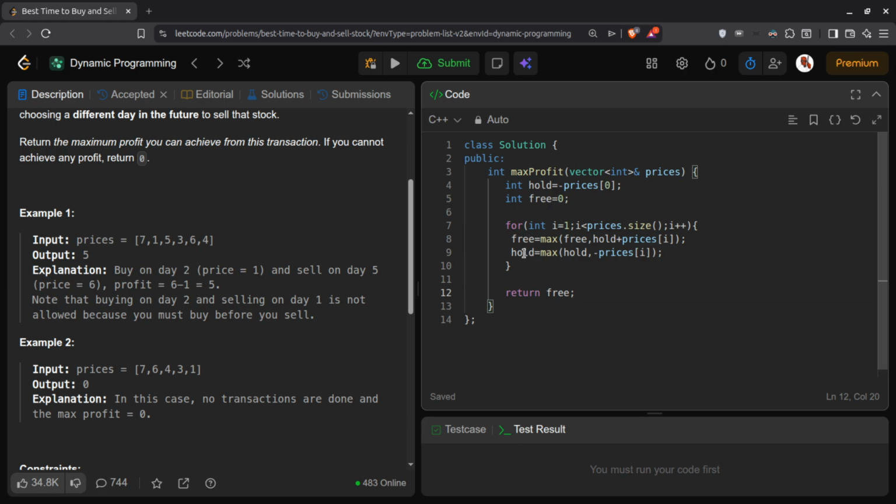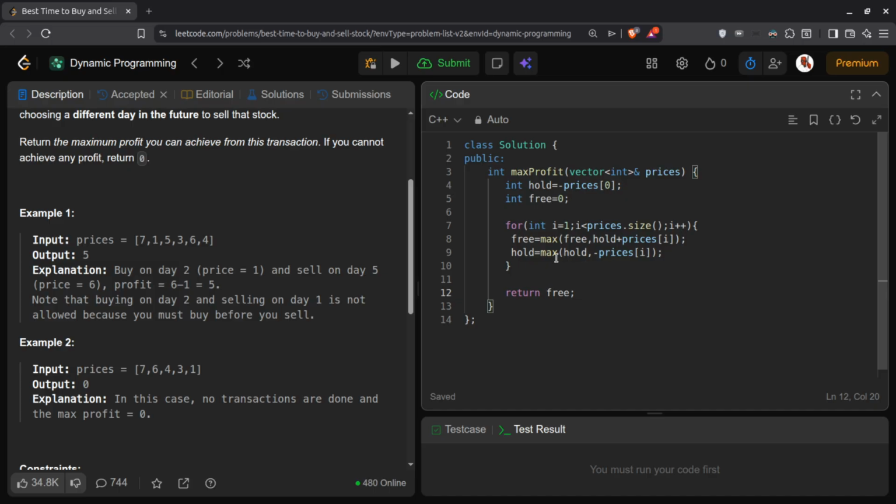Hold will become minus 1 because at index 1 the value is 1, and hold means we are buying the asset, so it is a negative rate. So hold will be minus 1.